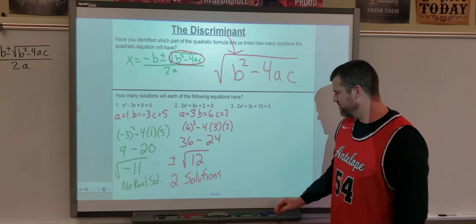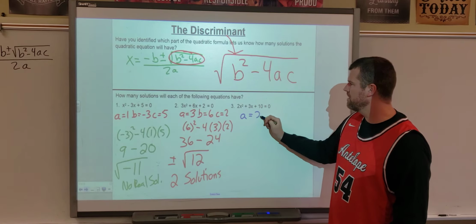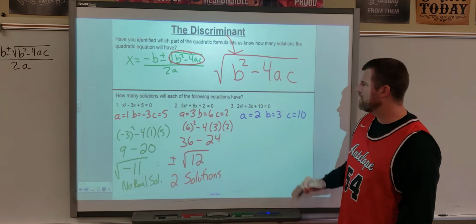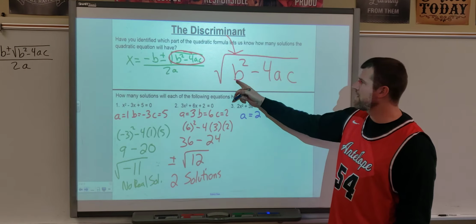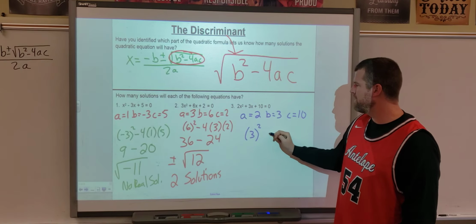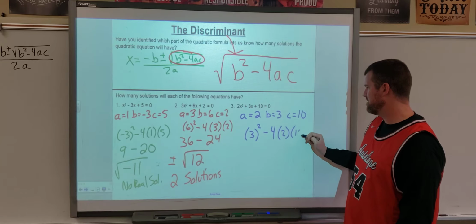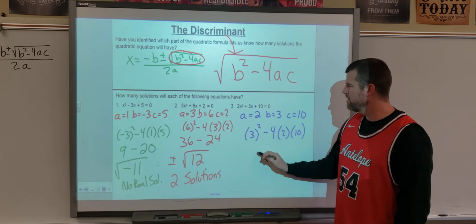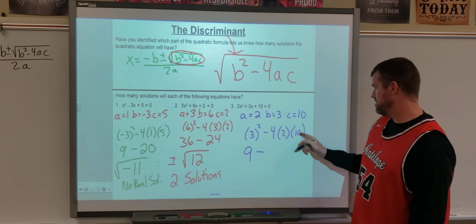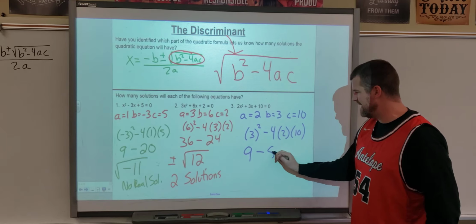And then the last one, to determine the number of solutions, again, I'm going to list out my a, my b, and my c. I'm going to plug them into my discriminant, b squared minus 4 times a times c, which is 9 minus 4 times 2 is 8. 8 times 10 is 80.